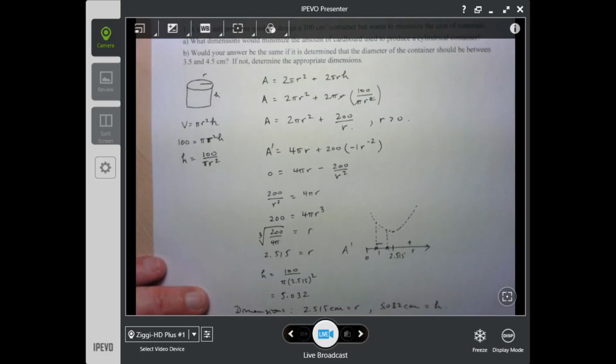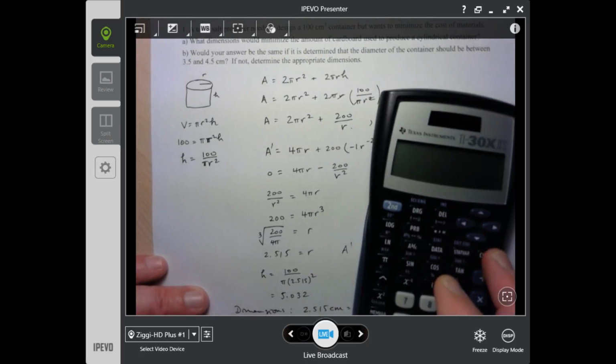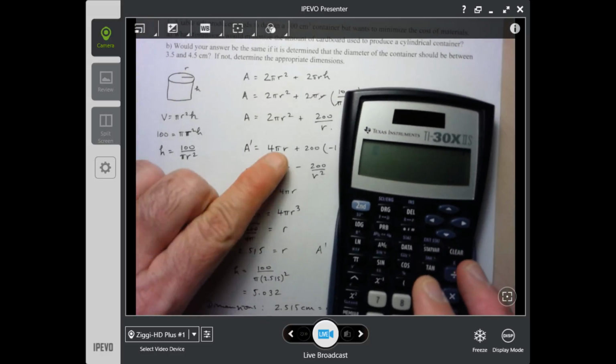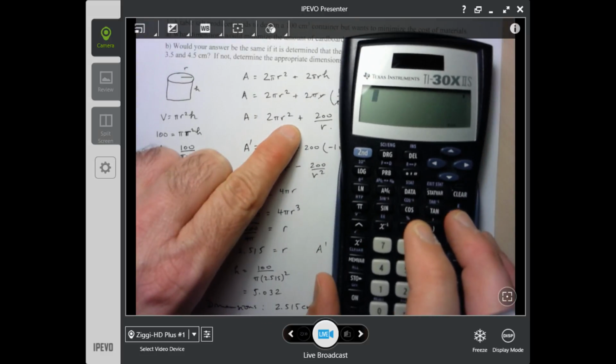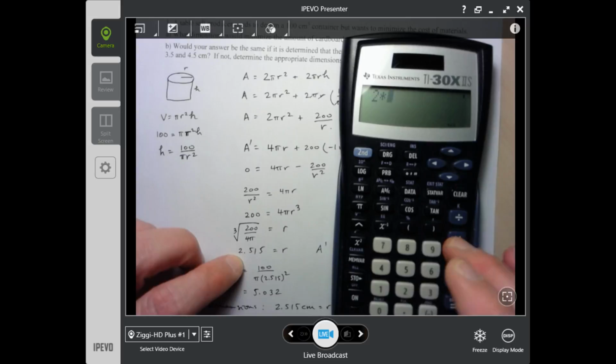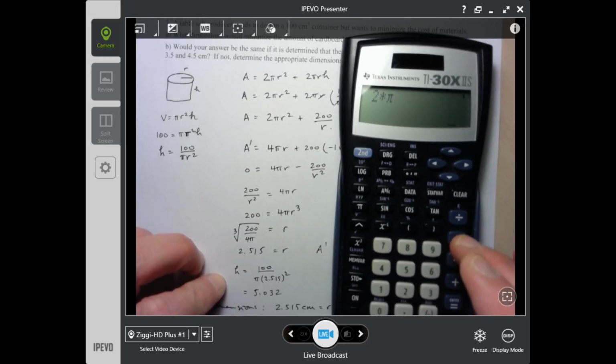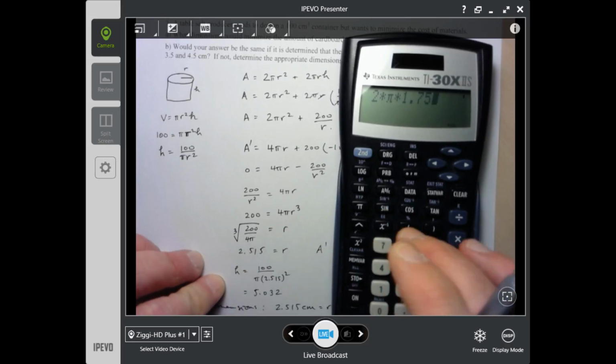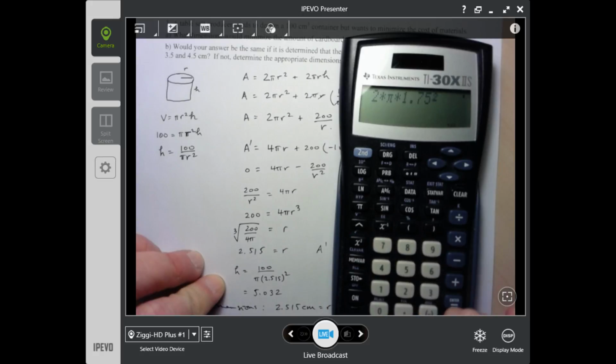So I'm going to take the simplified version here with only area. So I have 2 times pi times 1.75 squared, plus 2 times pi times 1.7.